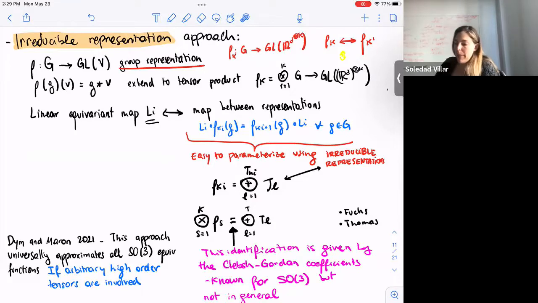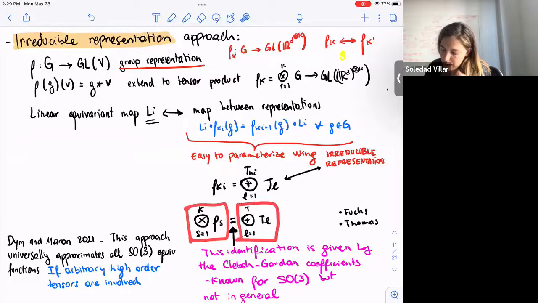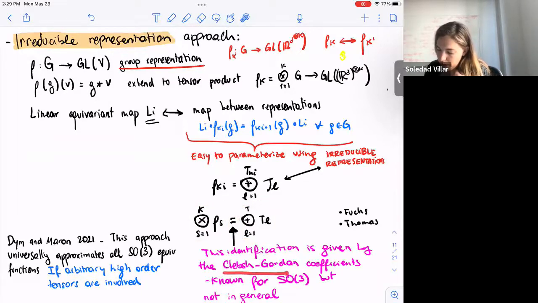This is actually implemented, and there are two software packages that I know, one where Fuchs is the first author, and another where Thomas is the first author, with an implementation in PyTorch or TensorFlow for SO3 using this idea. The identification of the product representation with the irreducible representations is done by using the Clebsch-Gordan coefficients. I think it's hard to implement in general, but they have it implemented for SO3.